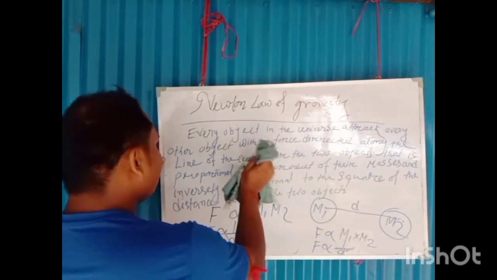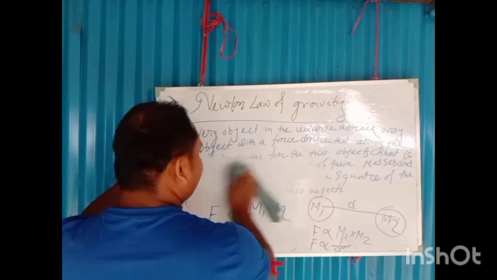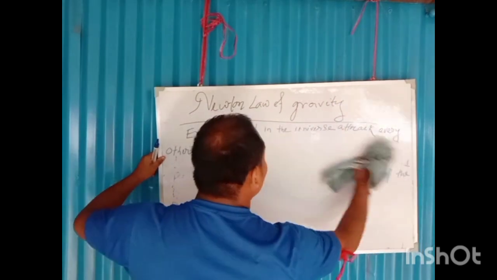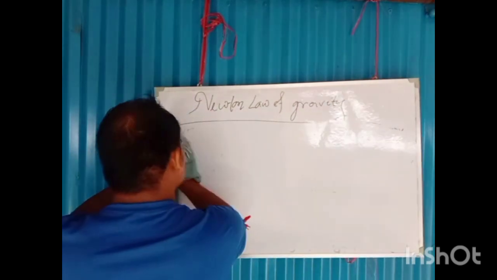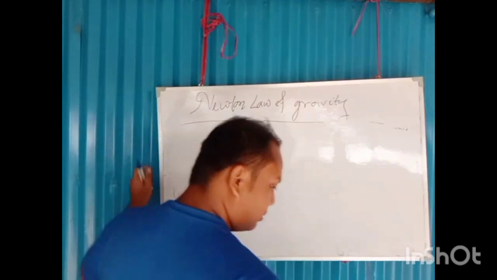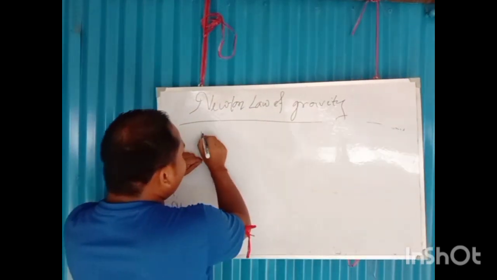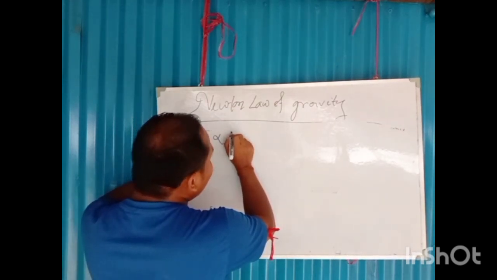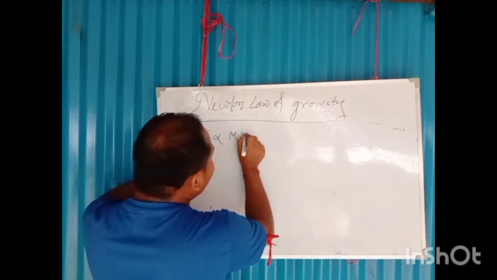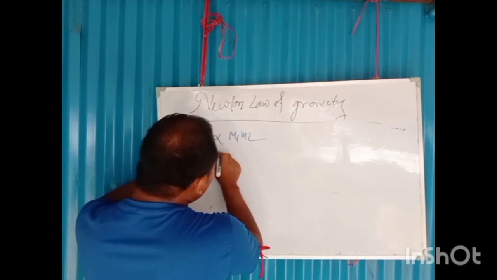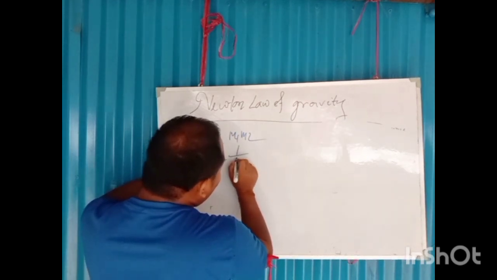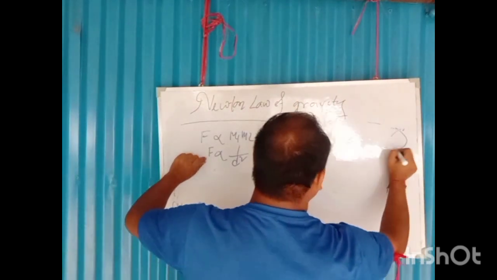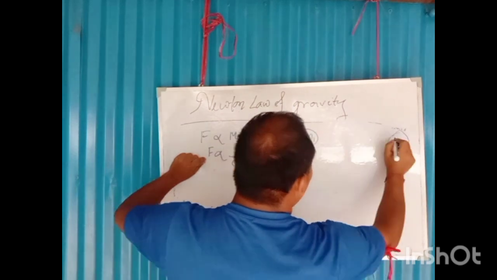Have a look, so it will be clear to understand. What was the first statement? F is proportional to the product of the two masses of any two objects, m1 and m2. The second statement was that F is inversely proportional to the distance squared. This body is m1 and this body is m2.